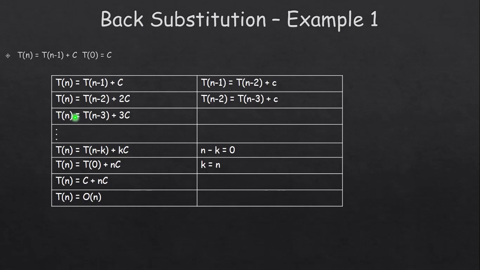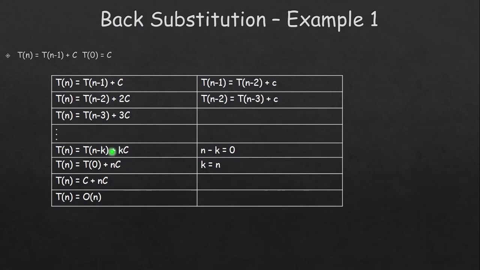So in place of 3 I am just writing k. So T of n minus k plus kc. When will this recurrence relation terminate? The recurrence relation will terminate when this term becomes 0 and this becomes T of 0. So at some point it will become T of 0.